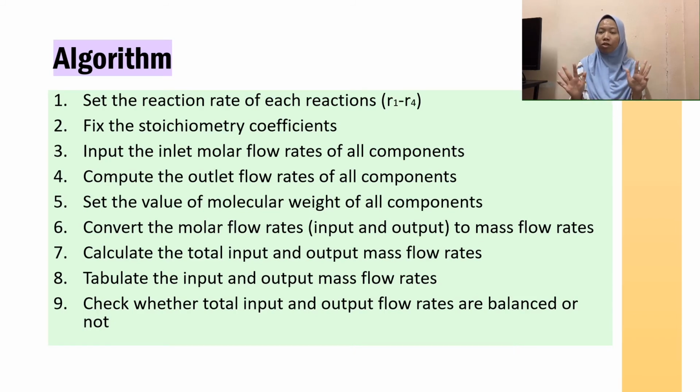We have 9 components in total. After that, we calculate the output molar flow rates. Then we set the molecular weights of all the components so that we can convert the molar flow rates to mass flow rates instead. Then we total up both input and output mass flow rates and tabulate them in a table. Lastly, we check whether our mass balance is balanced or not.